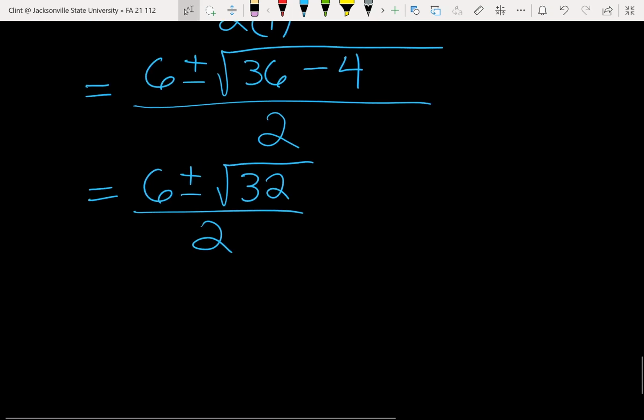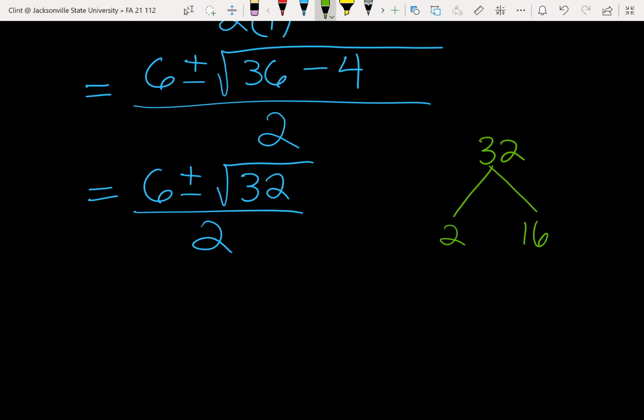And we just want to simplify. So one thing we could do, you could do a factor tree with 32. Or on this one, if you see 16 times 2, that's okay. If you go to do the factor tree and then you see 16 is a perfect square, it's fine. Stop there.